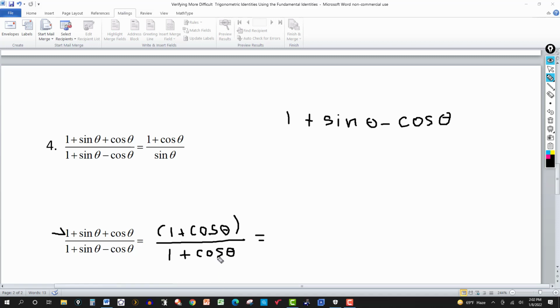And then cosine theta times the denominator. So multiplying the denominator by cosine theta. So multiply by 1 there is cosine theta. And then cosine theta times sine theta.